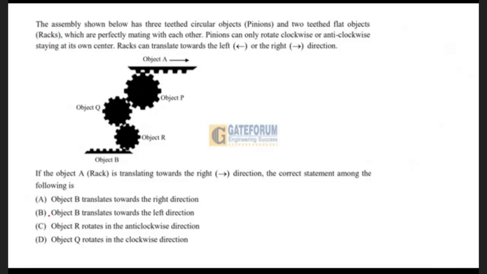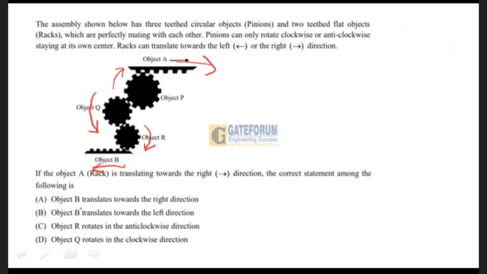If the object A, that is a rack, is translating towards the right, the correct statement among the following is, let us see what happens if this moves towards the right. If this moves like this, then this will move like this, and then this will move like this. So we now know in which direction everybody is working.